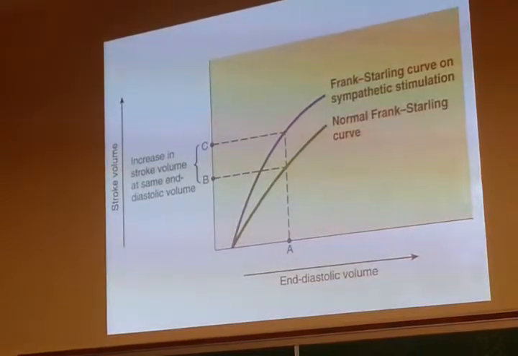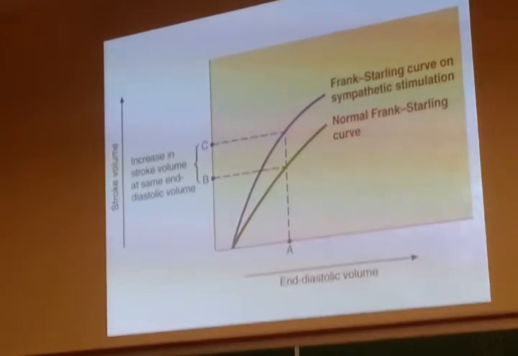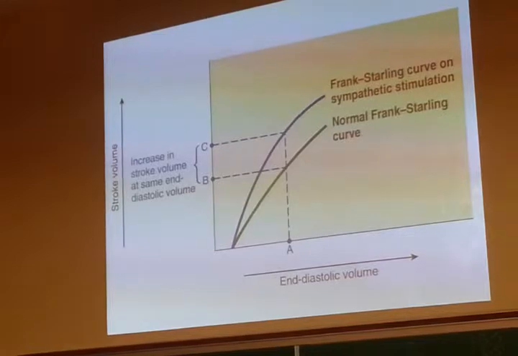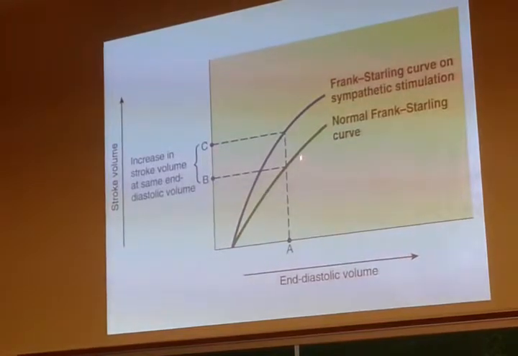They then proceeded to change end diastolic volume to see what happened. So they had a constant end diastolic volume, stimulated the sympathetic nerves with their electrodes, and what happens to the contractile force? It goes up, and then you get point C.